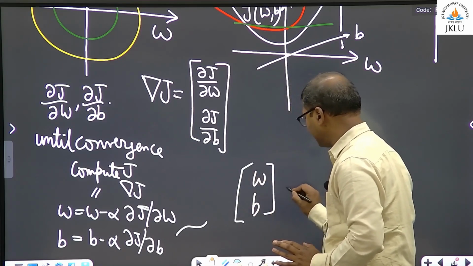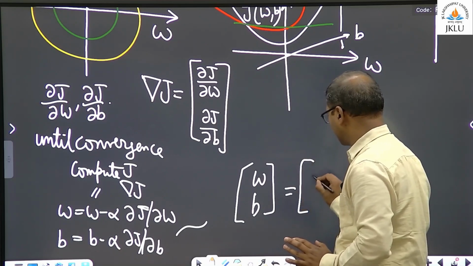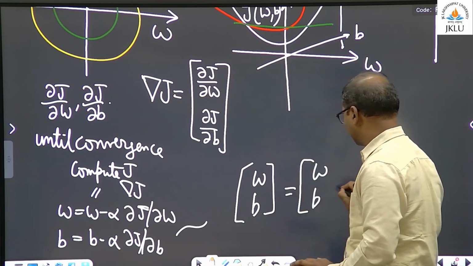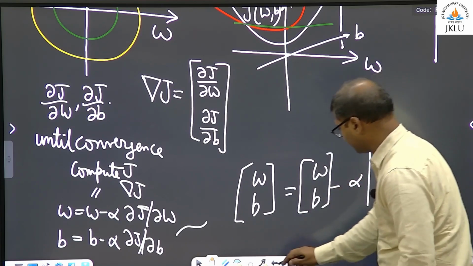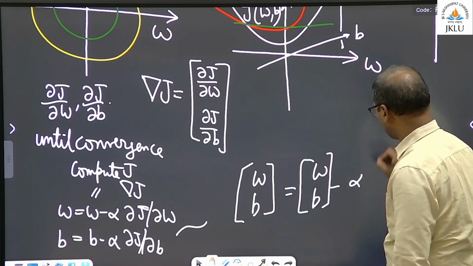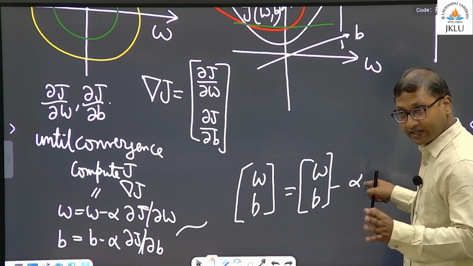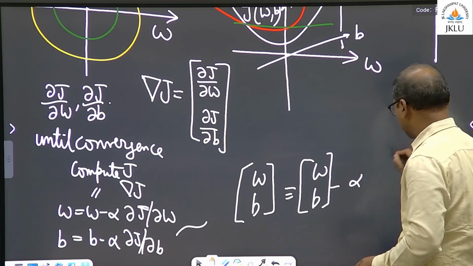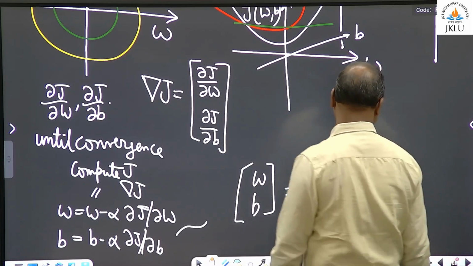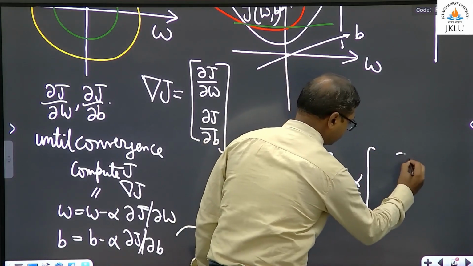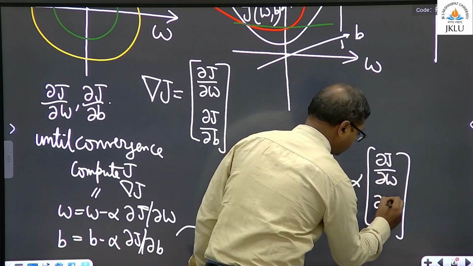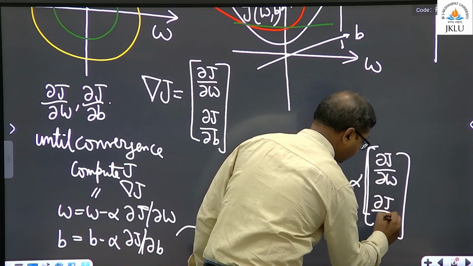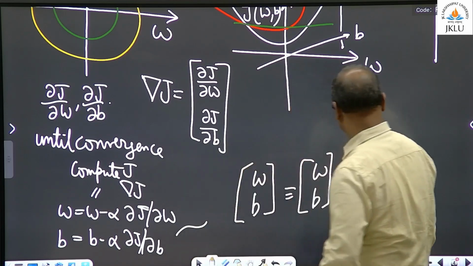This is a vector, alpha, what was here, grad J, and grad J looks like this.